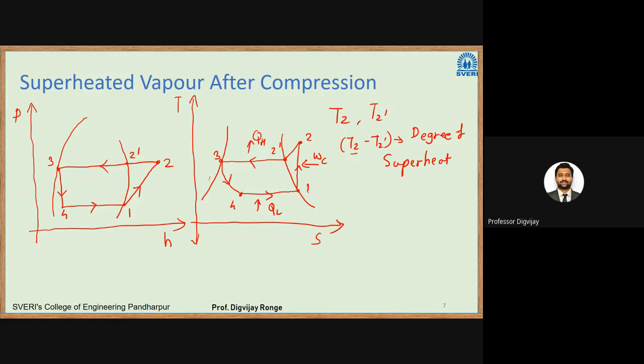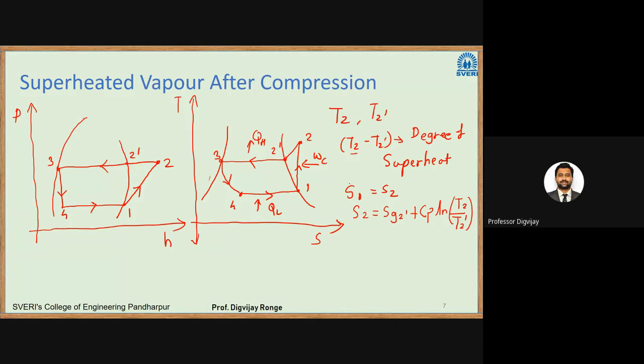So while solving the problem, first you have to know S1. Okay, so this is isentropic compression, so S1 will be equal to S2. Then you can calculate T2. How can you calculate T2? S2 will be equal to Sg2, the entropy of saturated vapor at point 2 dash, plus Cp ln T2 by T2 dash.